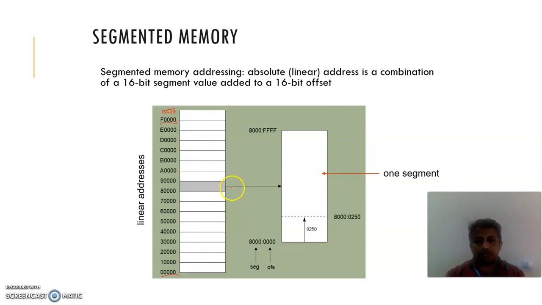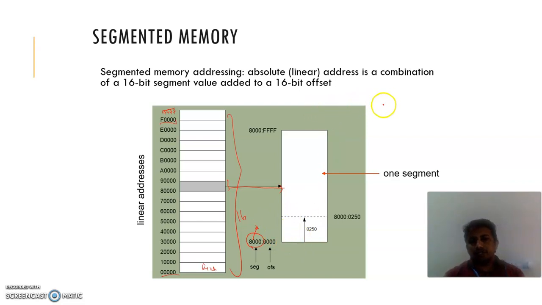When we are considering memory segments, each is of 64 KB, so totally you may have 16 segments. Randomly I'm picking up one segment, and this is my segment. The starting address of this segment is given by 8000, which is given by one of the segment registers.